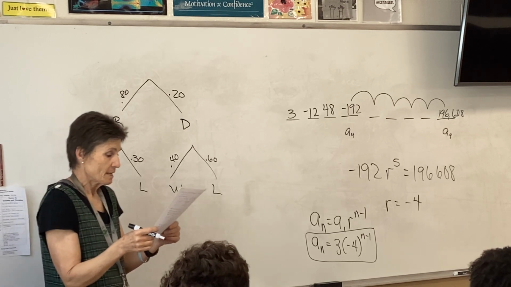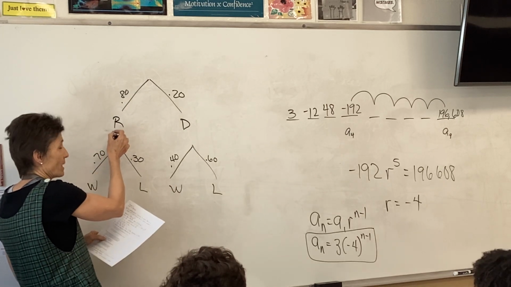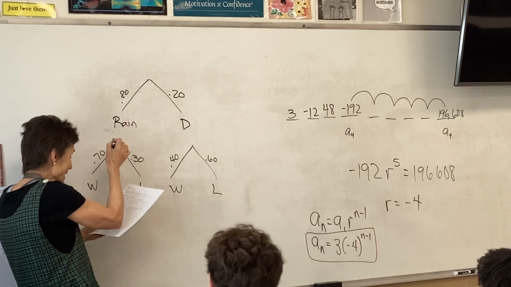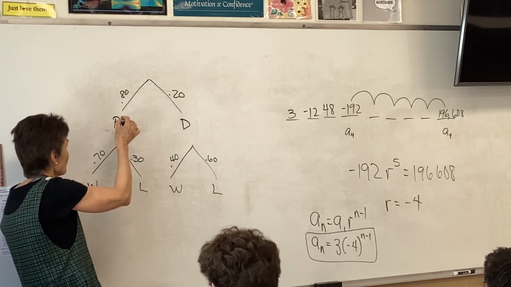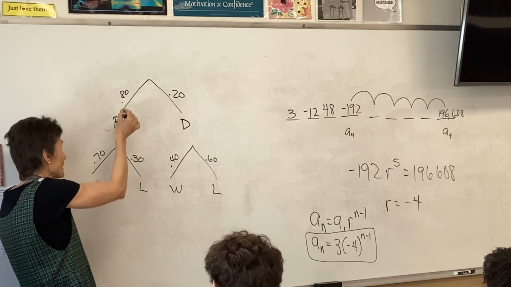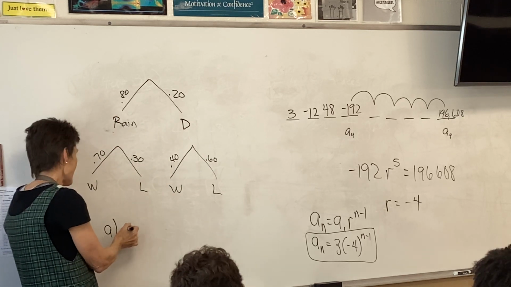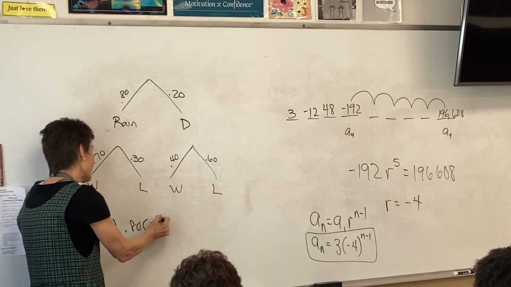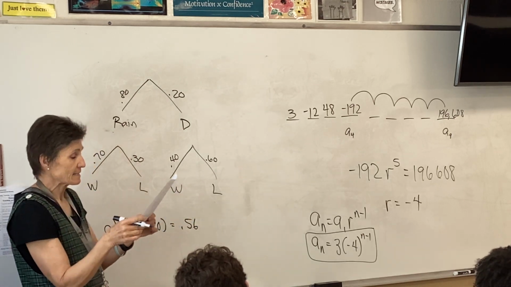Okay. So we want the track to be wet, that's rain, and we want her to win. So since it's rain and win, what are we going to do with those two numbers? Multiply. So it's just 0.80 times 0.70, which I think is 0.56. Right, that's it, that's easy.